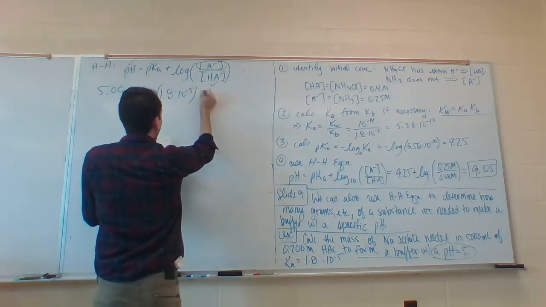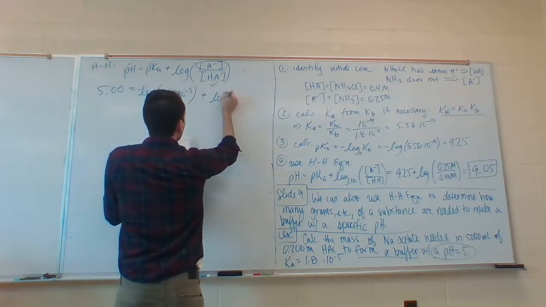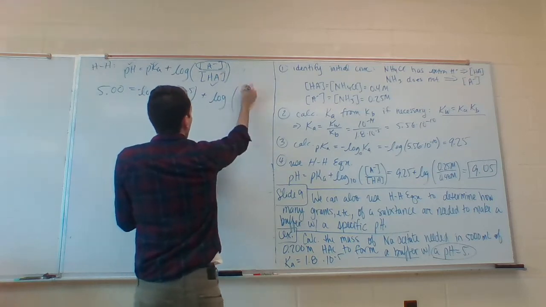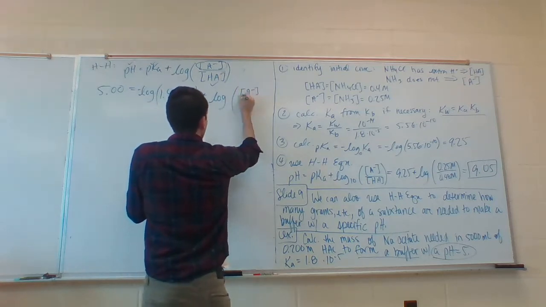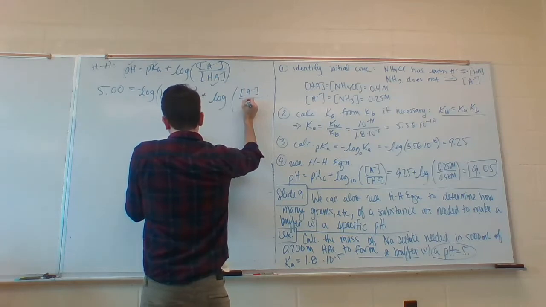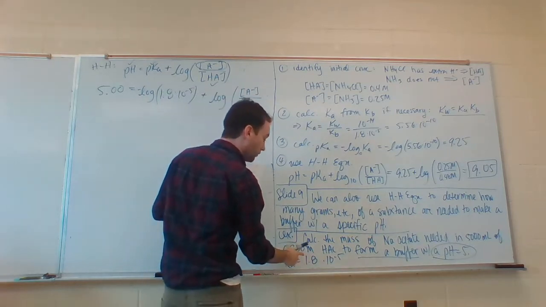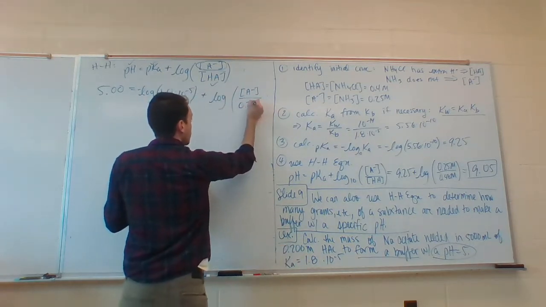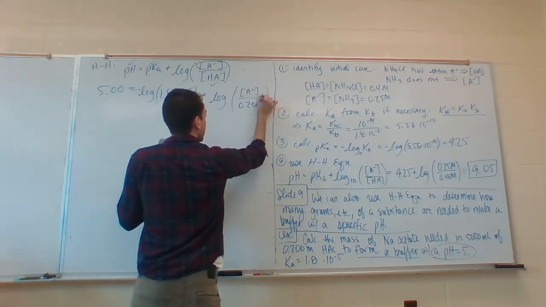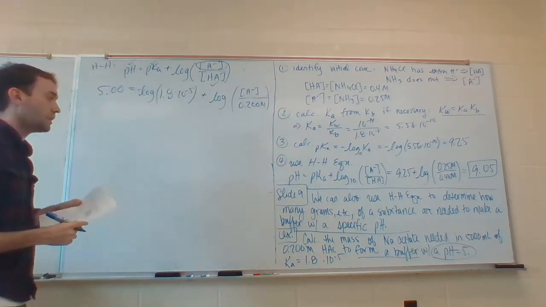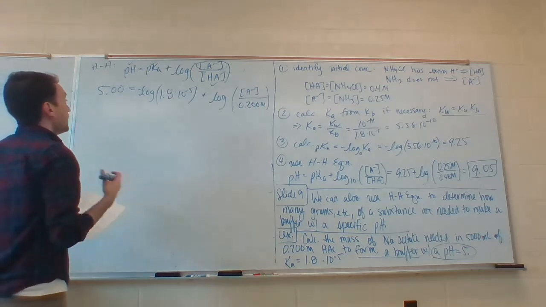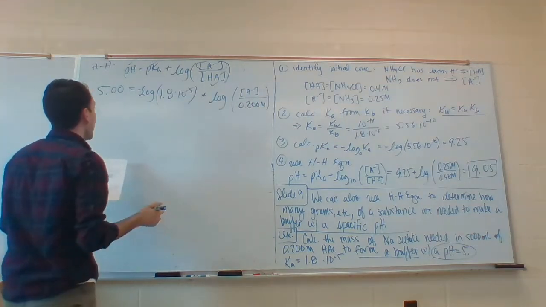And then we're going to add the log of our concentration in A- over our concentration for HA, which was 0.200 molar. Okay? Now, at this point, let's do some simplification.